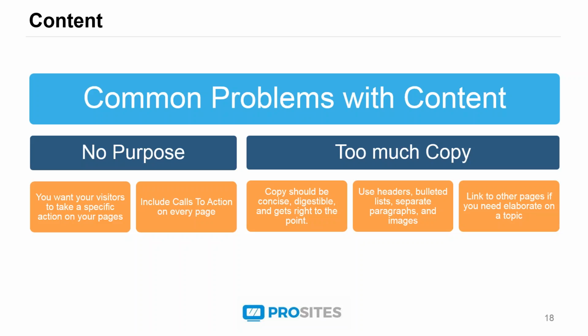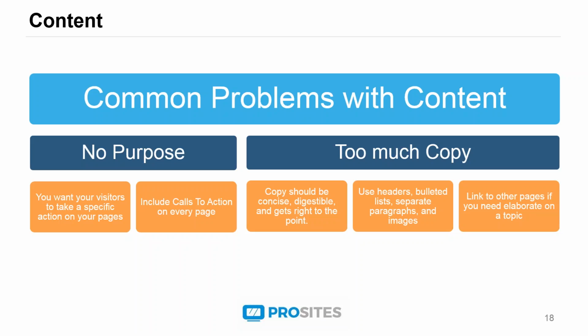And another problem is having too much copy. I see this a lot, and I understand why people do it. A lot of people are concerned about looking professional and like they know what they're talking about, but it's kind of a balance with your copy. You can't have too little, but you can't have too much, because at one point, anyone who's on your page is not really going to know what to do with all that copy, and they're not really going to go into deciphering and trying to digest it.